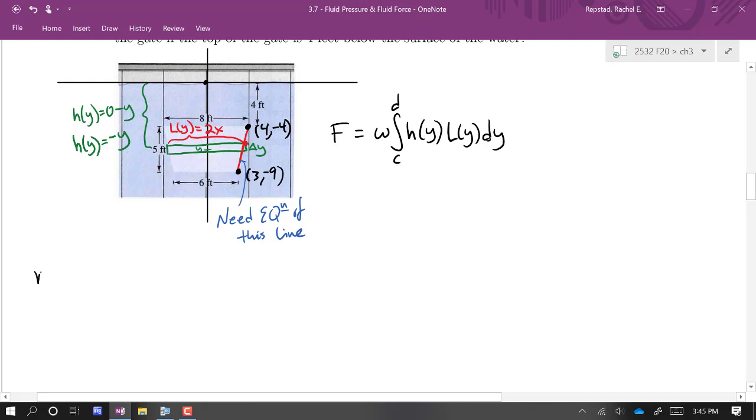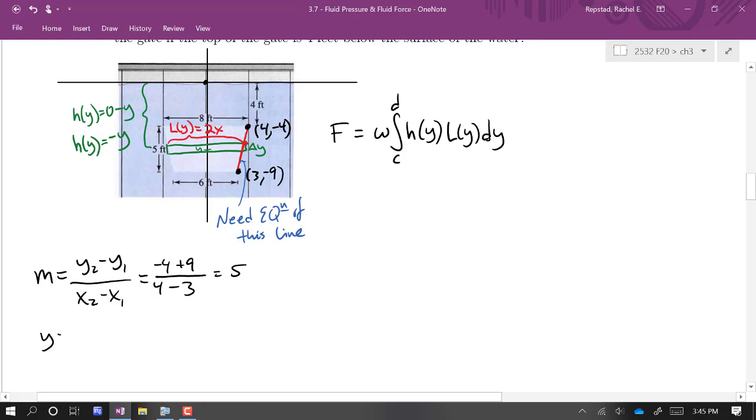Alright, so our slope, that's fairly simple. y2 minus y1 over x2 minus x1. So I guess I'll pick the top point as my point 2, so -4 plus 9 over 4 minus 3, and that gives me a slope of 5.